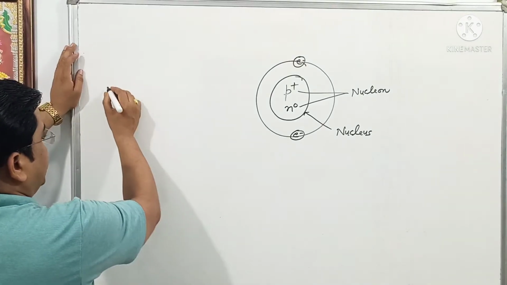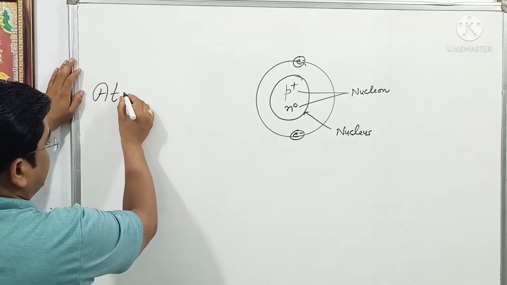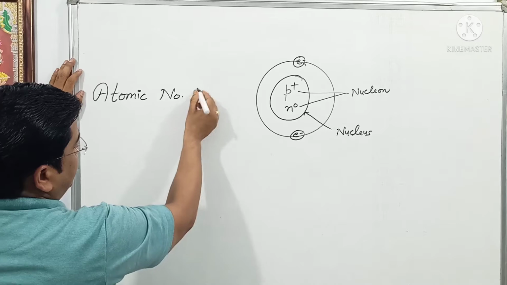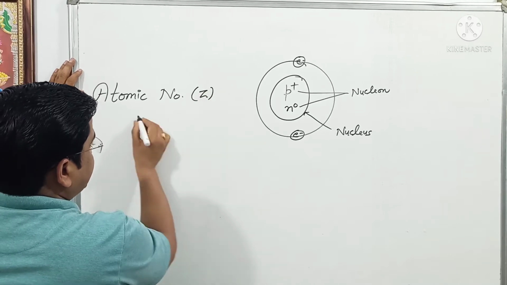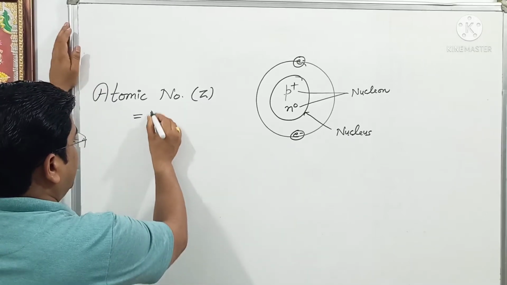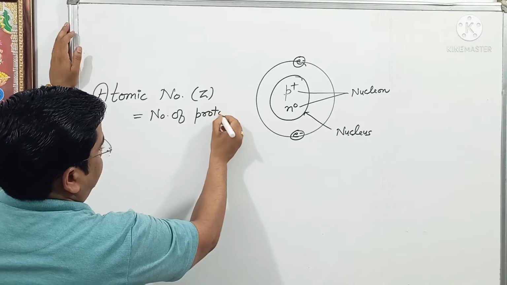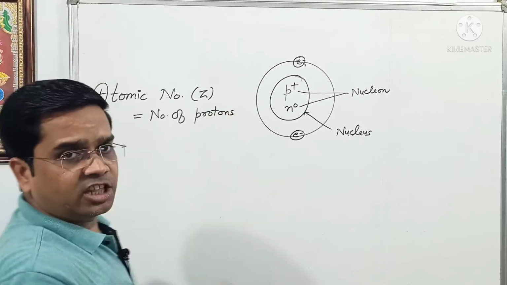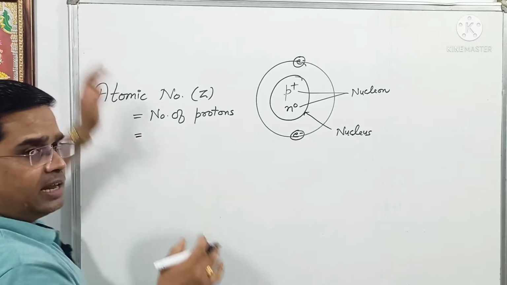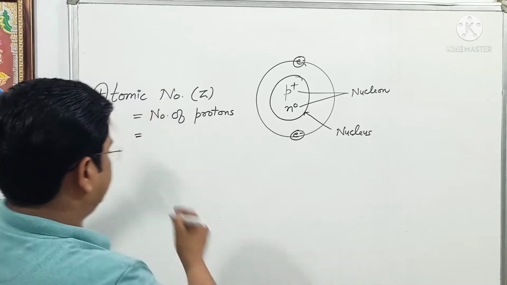Friends, then we will study at first atomic number. Atomic number, which is represented by Z, is equal to the number of protons present inside the nucleus, and the number of protons is equal to the number of electrons in an atom.